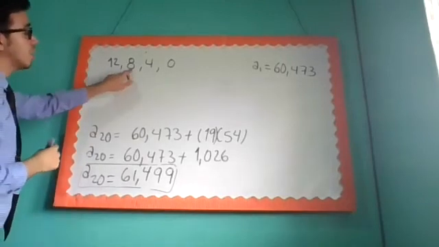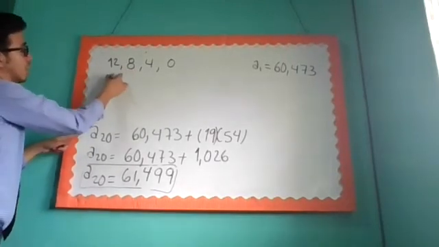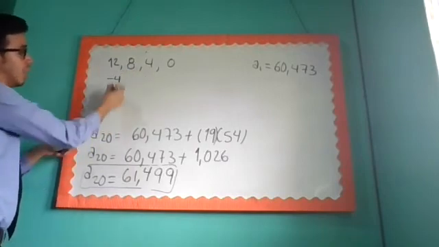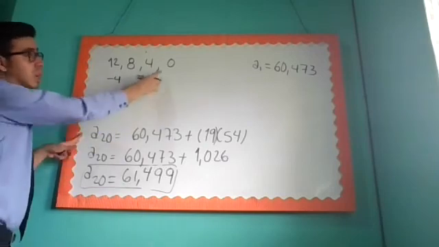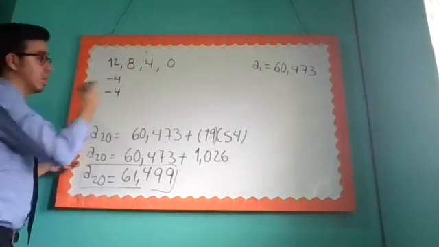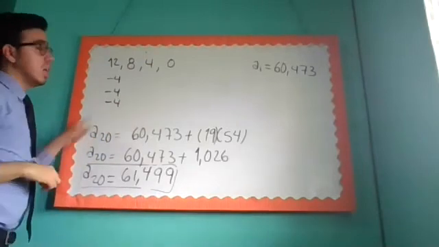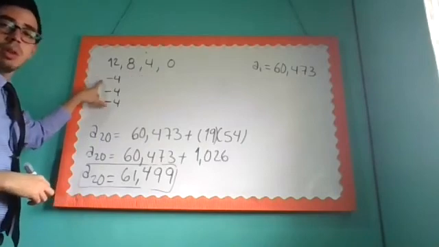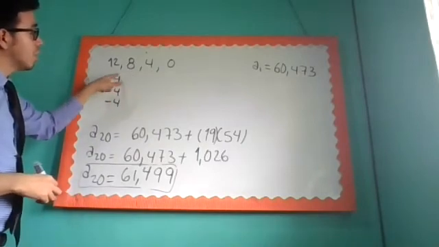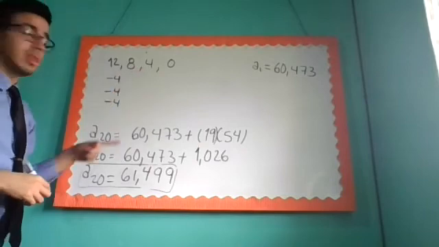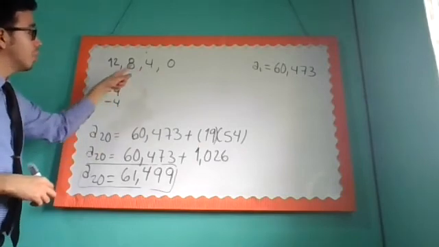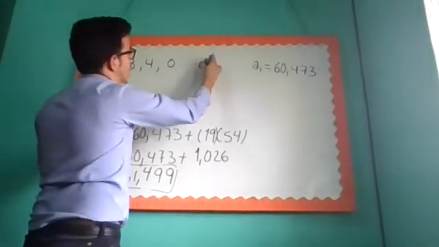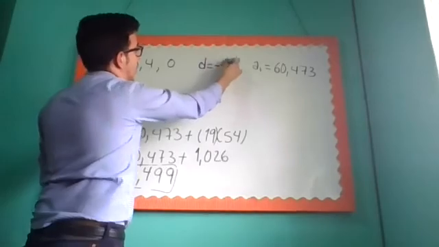So 8 minus 12, you obtain negative 4. 4 minus 8, you obtain again negative 4. If you subtract 0 minus 4, again you obtain negative 4. In all the numbers I subtracted, I obtained the same difference. So this is called the common difference, because you subtract the same number each time and you obtain the next term, okay? So D, in this case, the common difference, is -4.